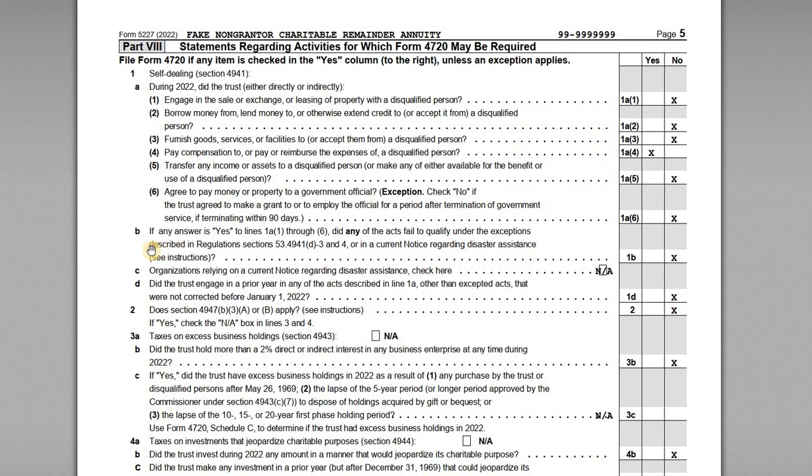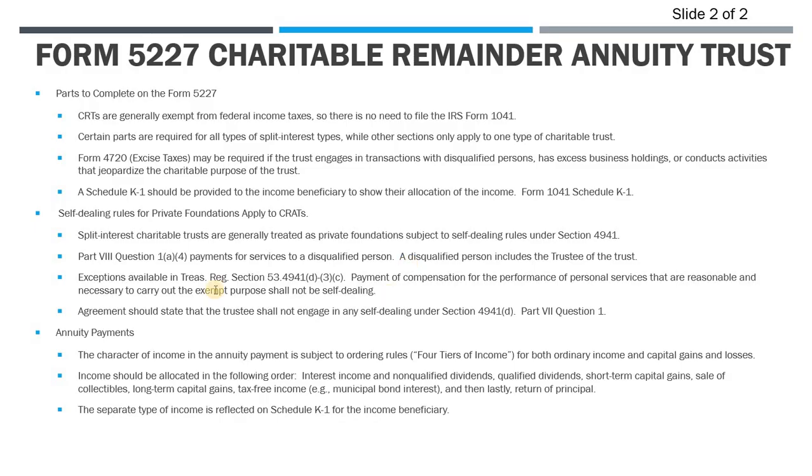But then when we get down to question B here, it asks us, well, if we answer yes to any of these lines, did any of the acts fail to qualify under the exception in these regulations? In our case, we can answer no because we do qualify for an exception under these regulations. And that exception is outlined here, right?